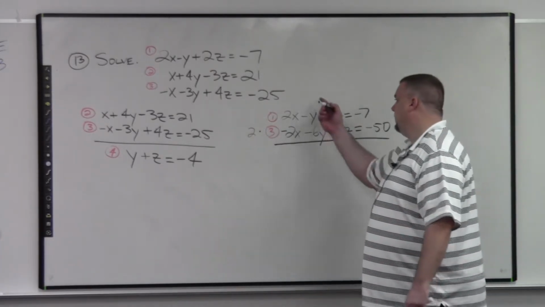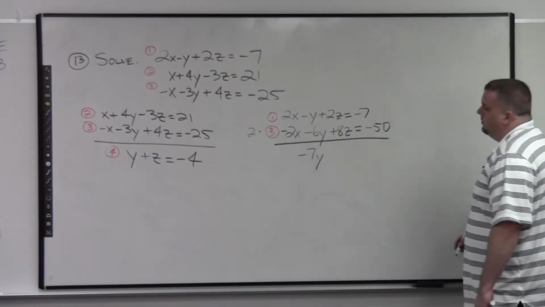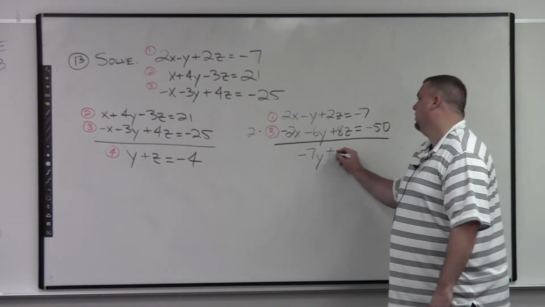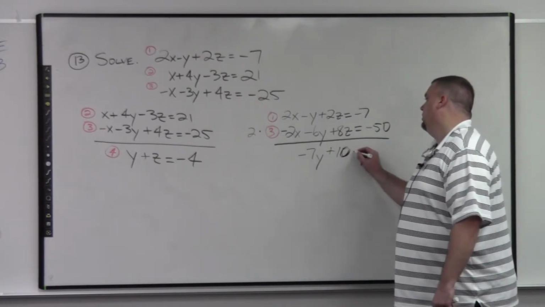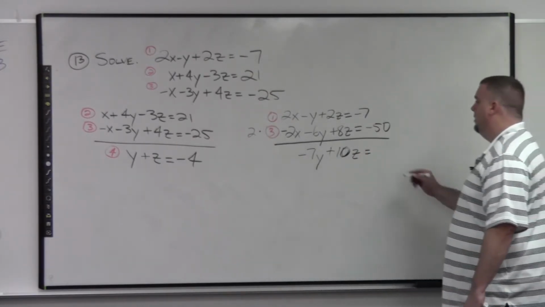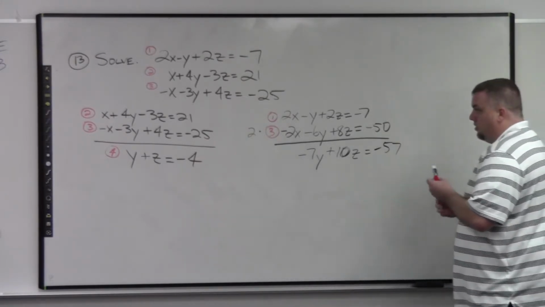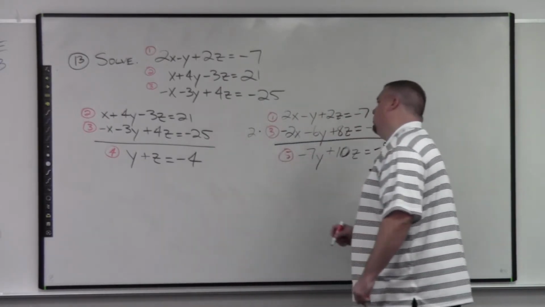They cancel, they eliminate. That was our goal. Negative y minus 6y is negative 7y. 2z plus 8z is 10z. And then negative 7 and negative 50 is negative 57. So we have another equation, and we'll call that equation 5.